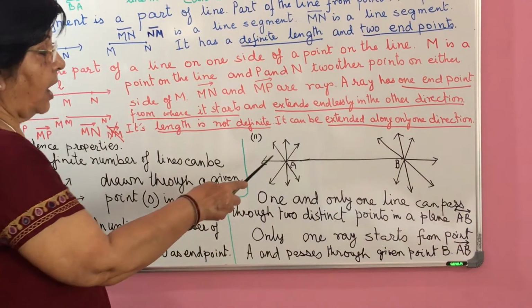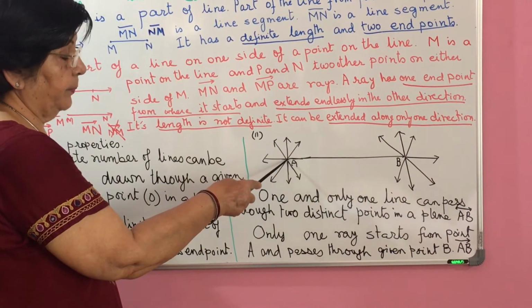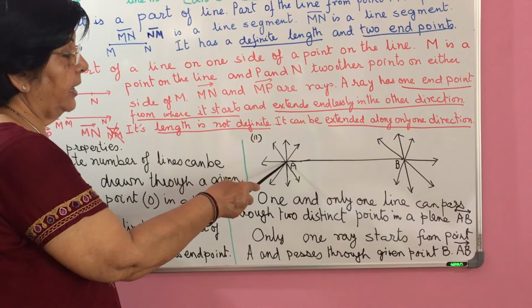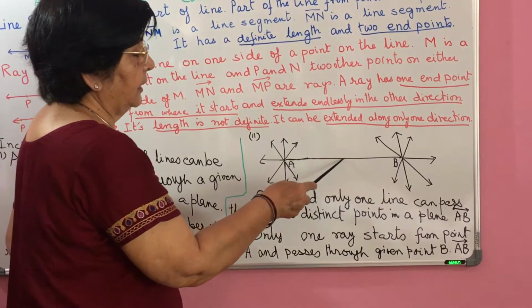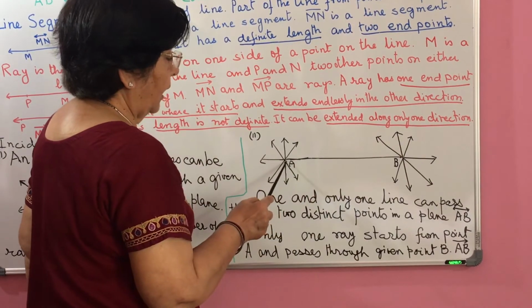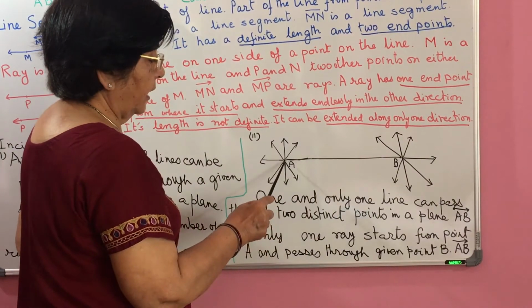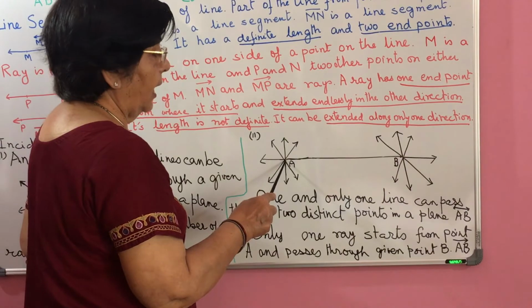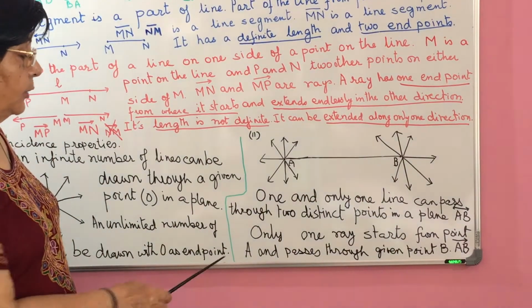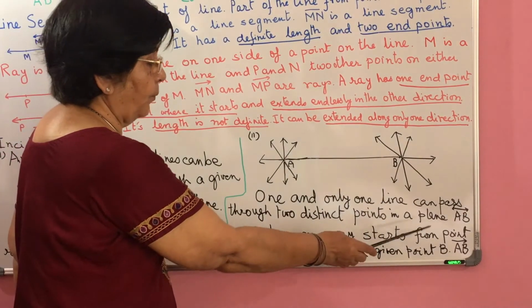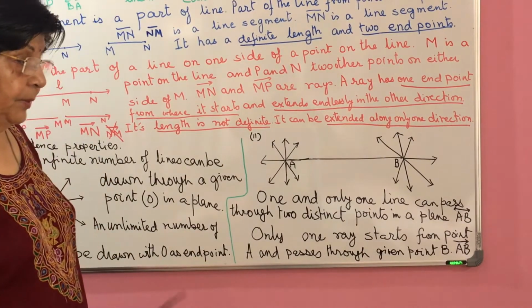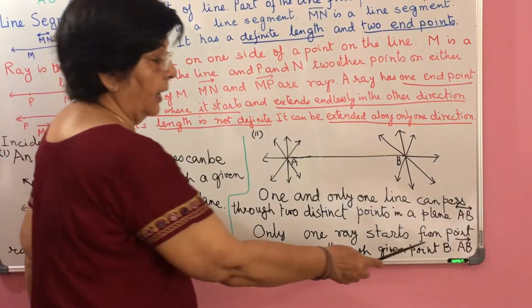Now, if I start from point A, so I have one endpoint, that is point A, and the line is being extended in the direction of B. So AB is a ray because it is starting from A and being extended towards B. So we say that only one ray starts from point A and passes through the given point B, and this is ray AB.